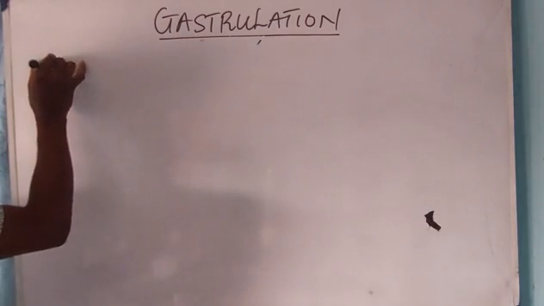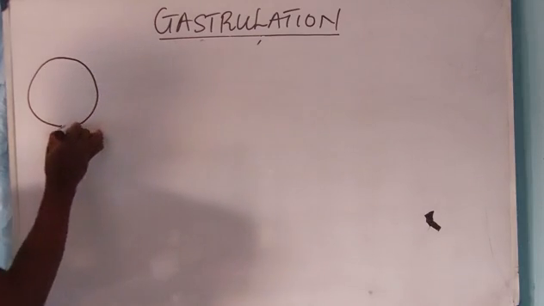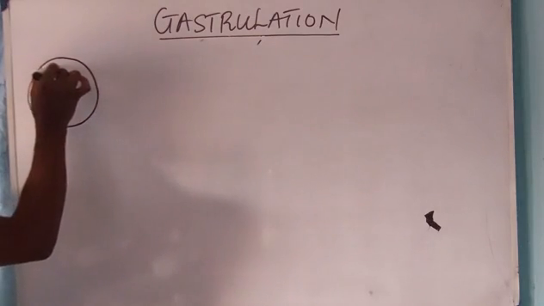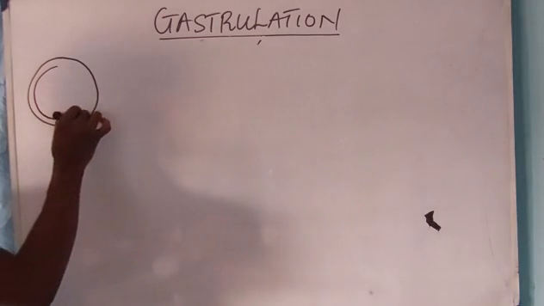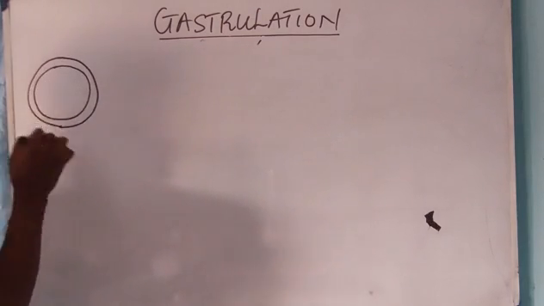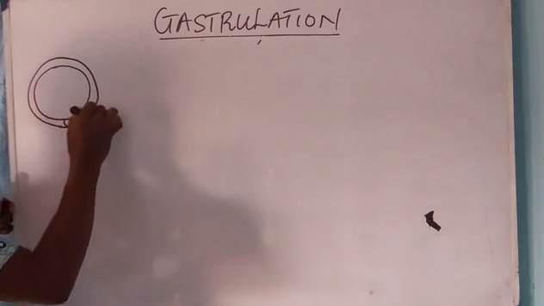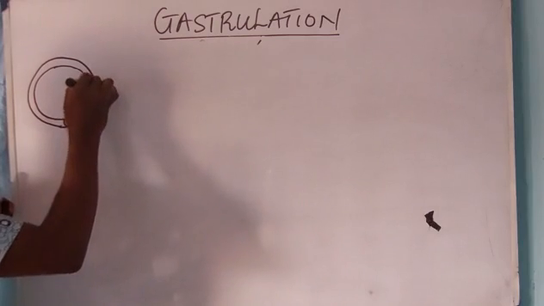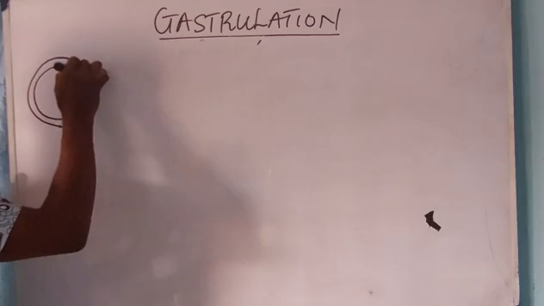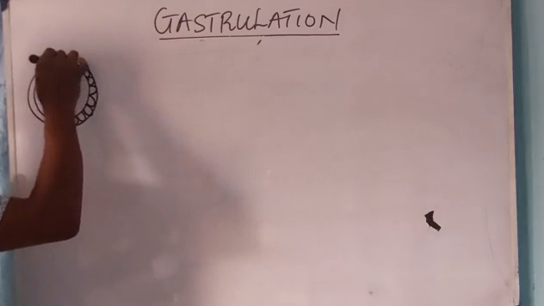I said the blastula is single layered, of course, nothing like this around it. So let me do an illustration of gastrulation for a better understanding.